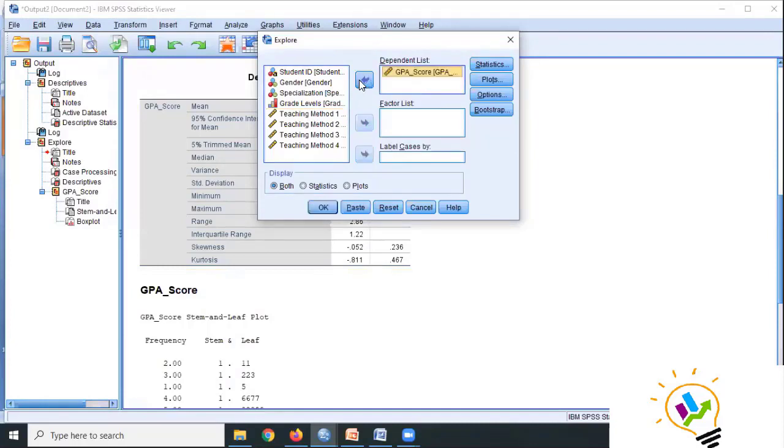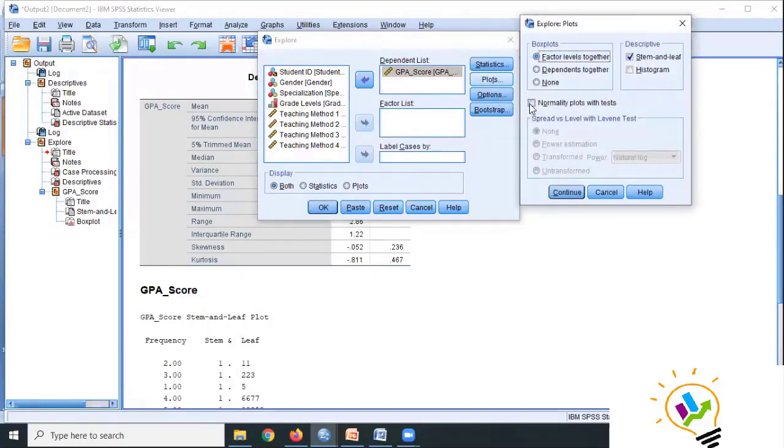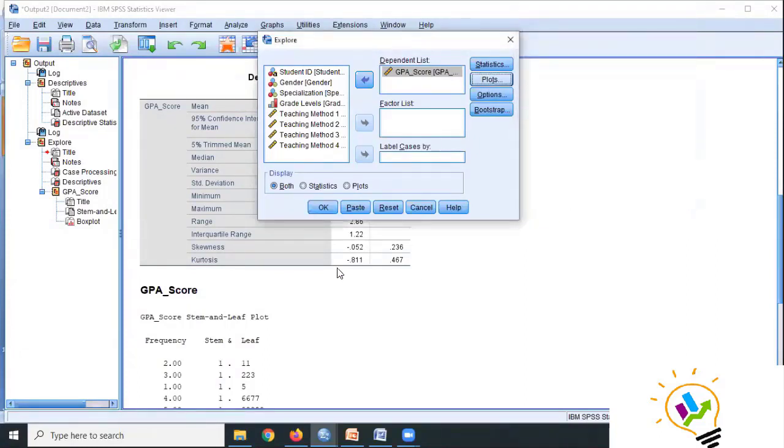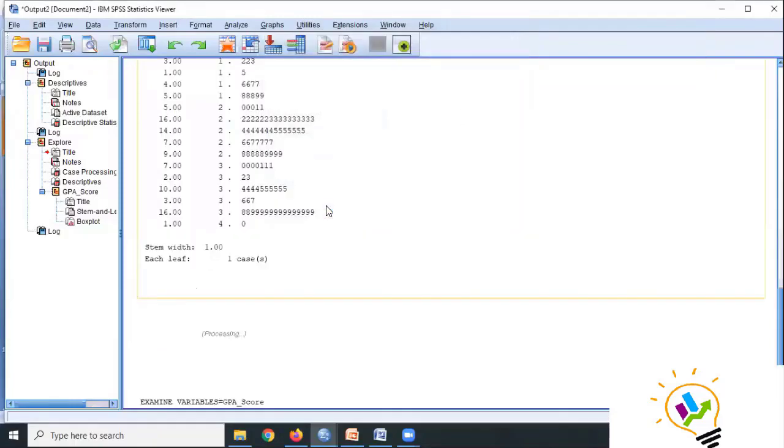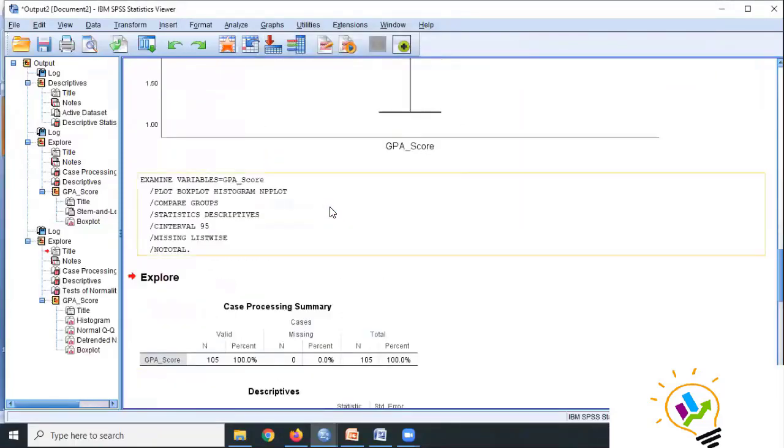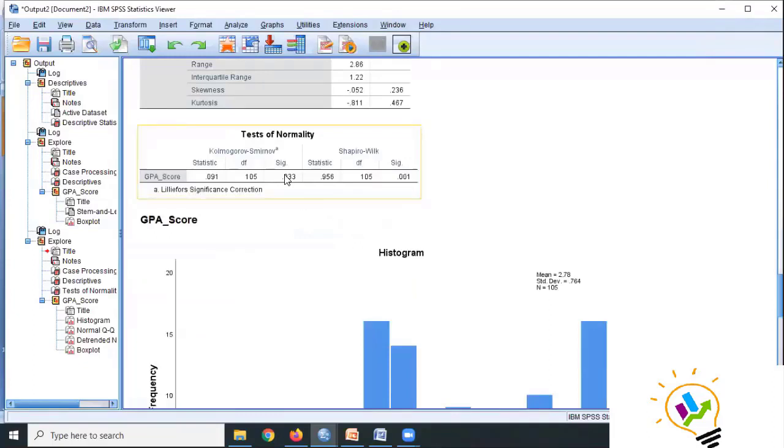Take that variable, and when you click Plots, we have a button called Normality plots. When you click this button, click Continue and click OK, we directly get the table called Tests of Normality. So I'm checking the normality distribution of the GPS score.